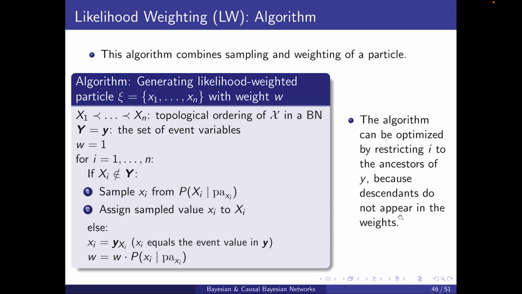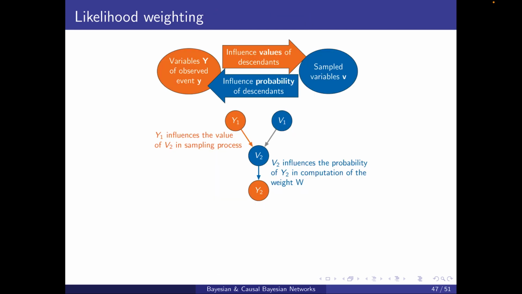Now some intuition on likelihood weighting. We have observed variables and we have sampled variables. The observed variables influence the values of the descendants when we're doing the sampling. For example, here, if we have Y1 observed, it influences the value of V2 in the sampling process.